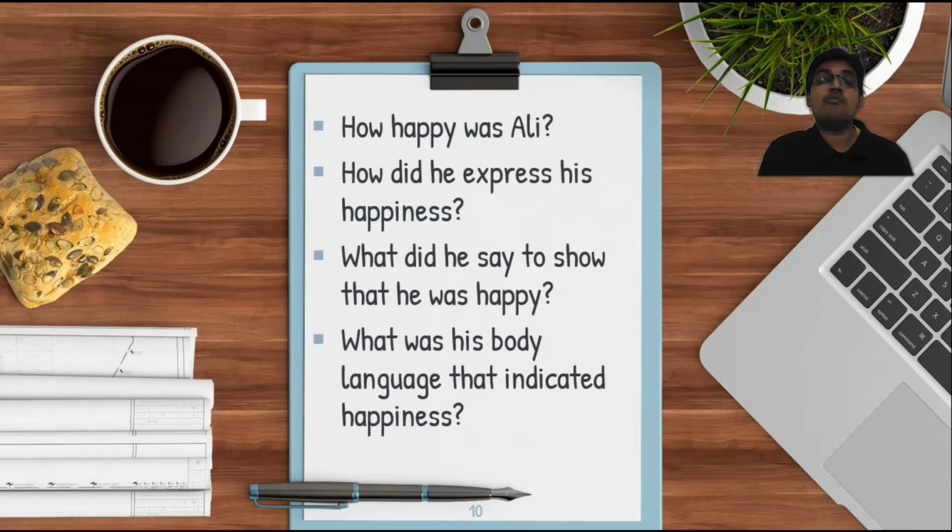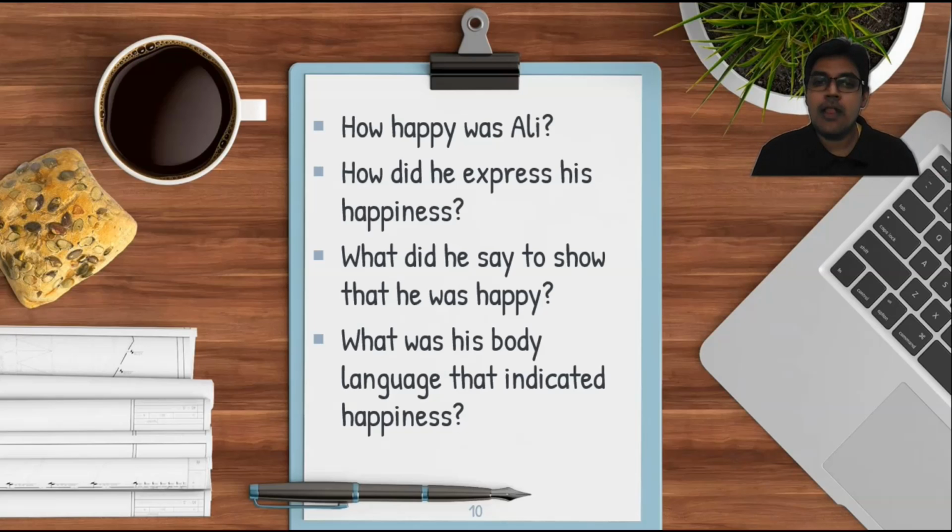Next, how did he express his happiness? Did he hug his father? Were tears of happiness rolling down his cheeks? All these expressions. So how did he express his happiness to his father? And what did he say to show that he was happy? Was it just, thank you, father, for the smartphone? Is that all? You have to bring these ideas.